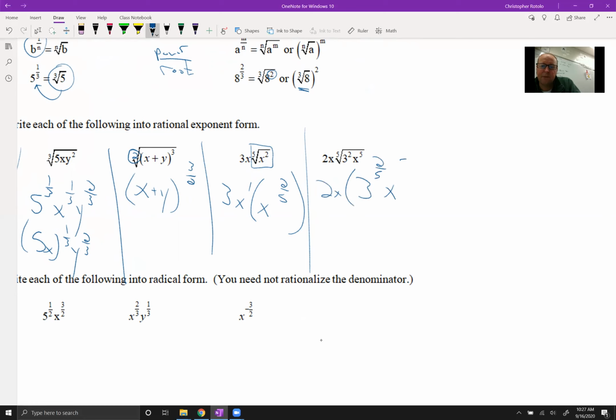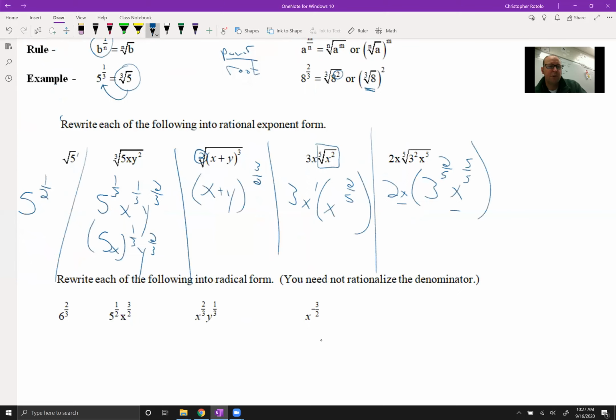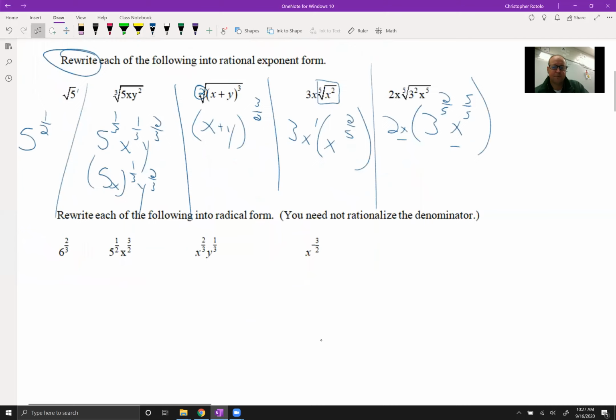X is to the 5th power and the 5th root. So we know this turns into 1. So some of these we could start to filter out what's happening with those x's. We'd have to add those together, so we would get an x squared out of that. Okay, but right now, we just want to make sure we can rewrite it. As far as putting them together, we'll do that soon enough.